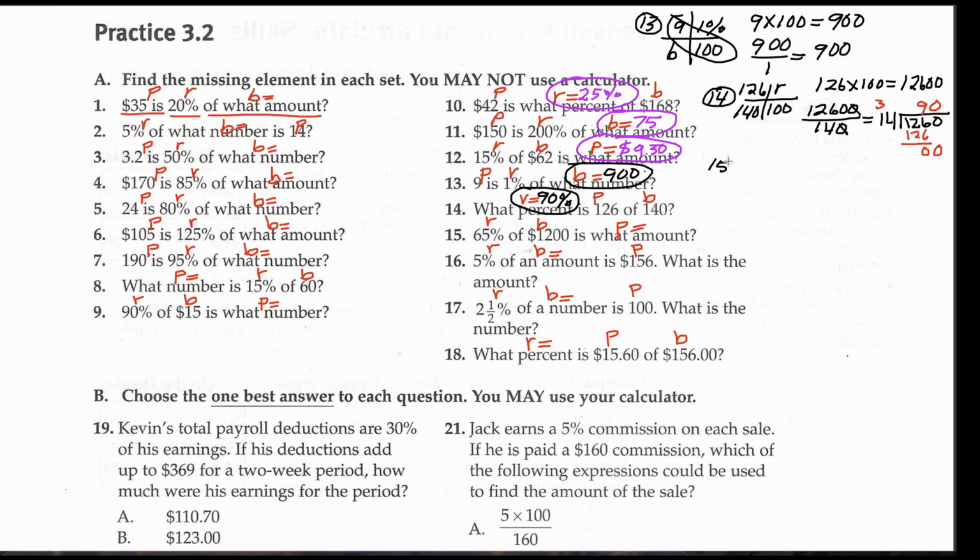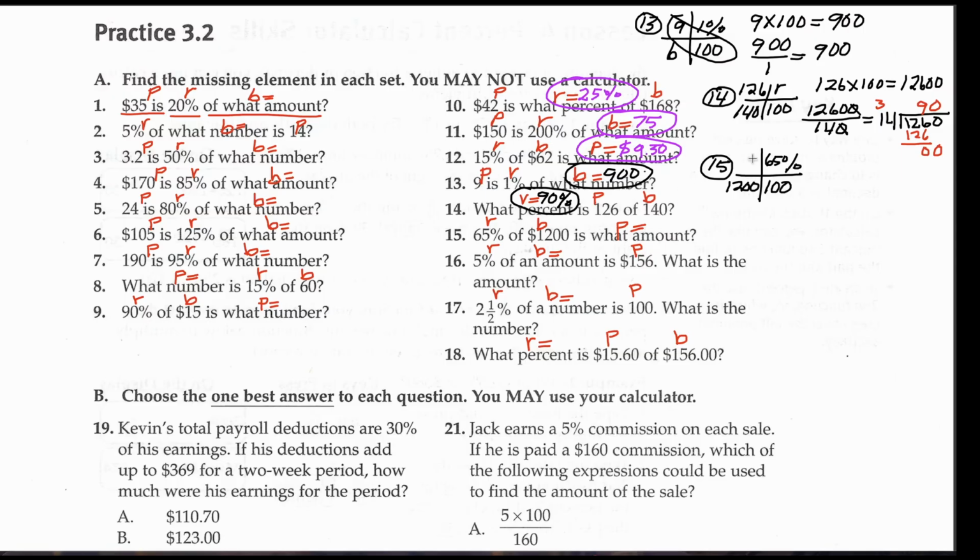Number 15. Big plus goes here. 65% goes here. You may put the percent sign, or you don't have to. 1200 goes here.